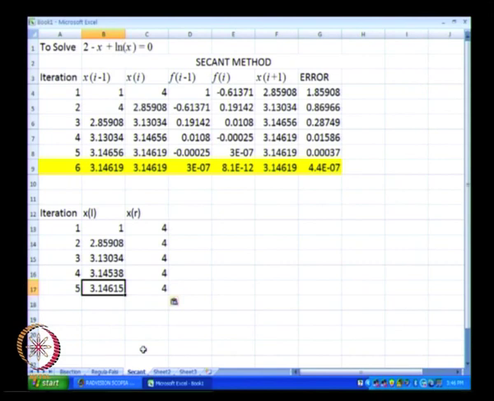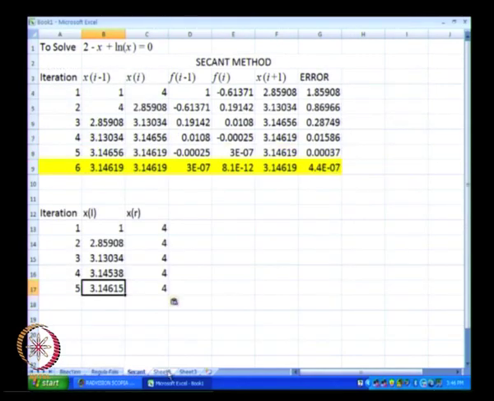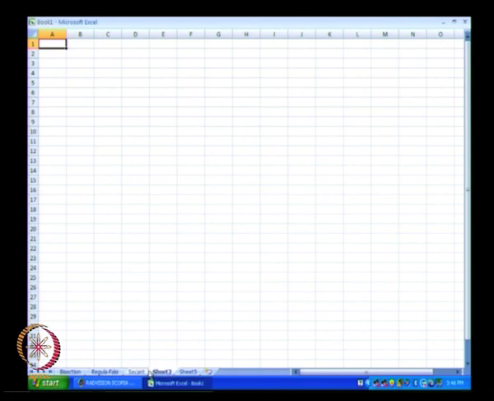So far, in the previous lecture and this lecture, we have looked at the bisection method, regula falsi method, and the secant method. All of these methods used two initial guesses for finding the solution. Now we will go to fixed point iteration.